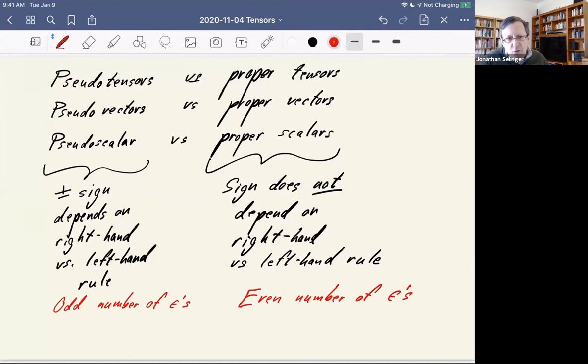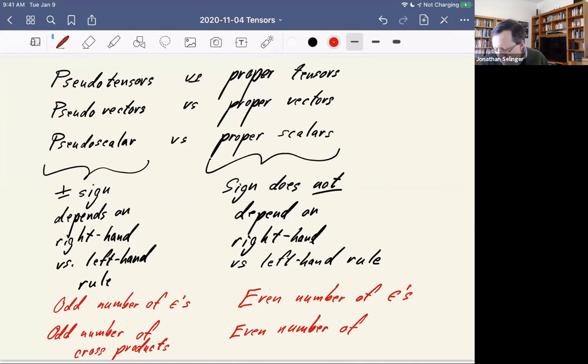Or if you're writing it as cross products of vectors instead of with epsilons, you could say this has an odd number of cross products versus an even number of cross products. And of course, 0 is an even number, so something that has no cross products counts as even.